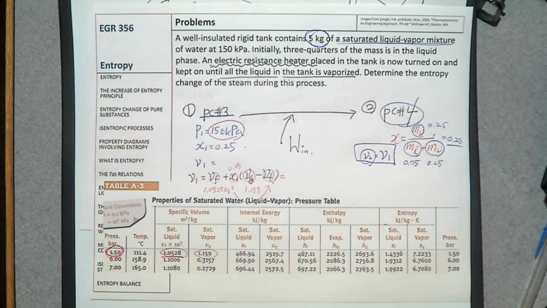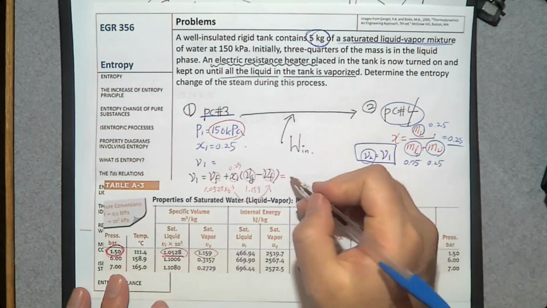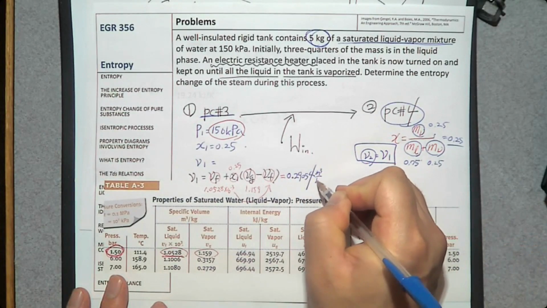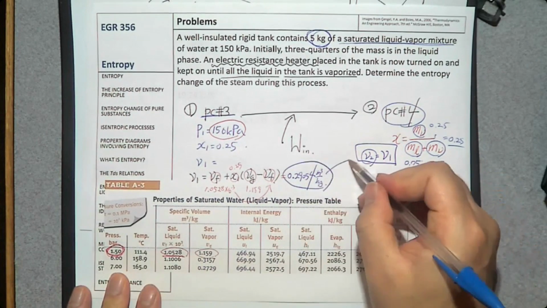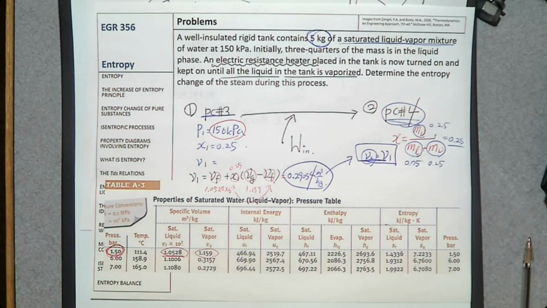If you find V1, it is going to be 0.29054 cubic meters per kilogram. Then this is the specific volume at the final state. So if you know specific volume, and you know it is saturated vapor, you can analyze the final state.